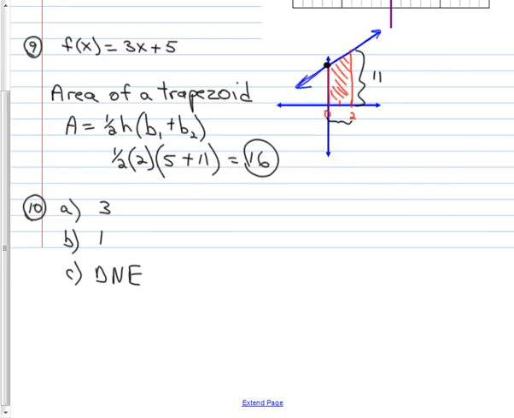Number 11. Assume the limit of the function f is 5 when x approaches negative 3, and the limit of g is 7 when x approaches negative 3. So what would I do to find the limit of the function f divided by the function g squared as x approaches negative 3?